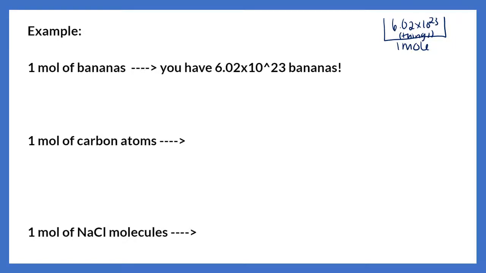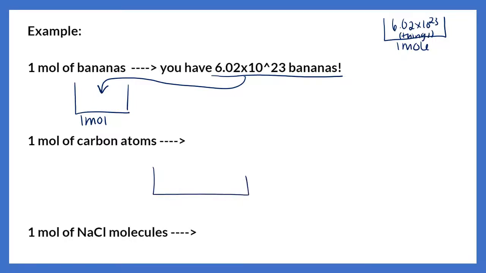So for instance, if I was to have 1 mole of bananas, that means I have 6.02 times 10 to the 23rd bananas in my 1 mole box. If I was to have 1 mole of carbon atoms, I have 6.02 times 10 to the 23rd carbon atoms.